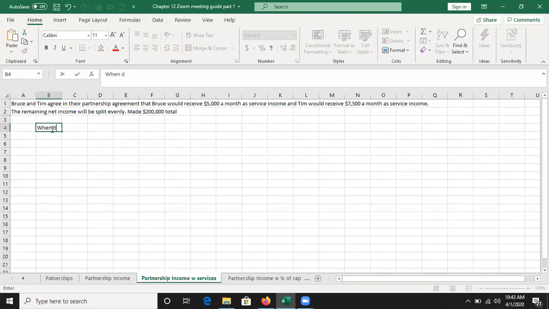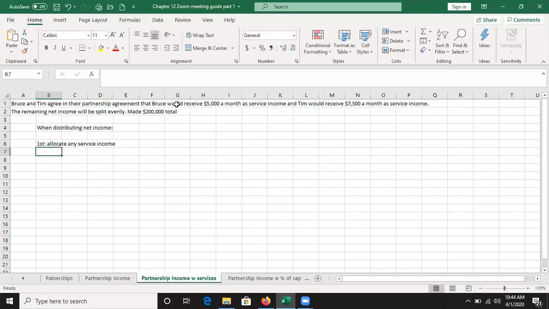So when distributing net income, first allocate any service income. Okay? So what this means is look at what they're supposed to receive. This could be worded any way it wants. In this case, it's worded Bruce would receive $5,000 a month. Tim would receive $7,500 a month.